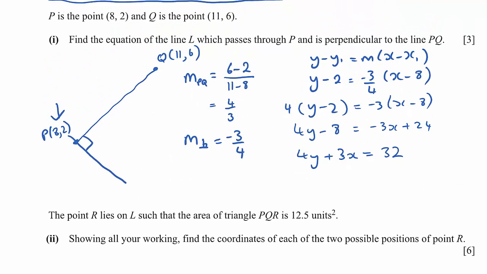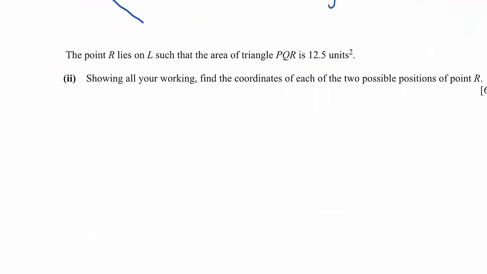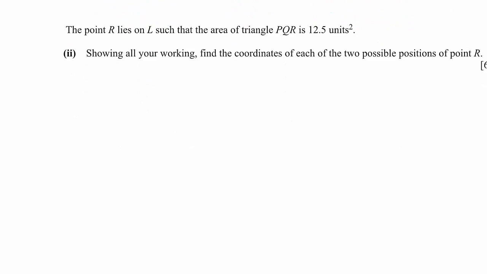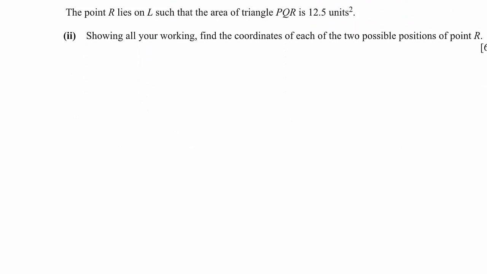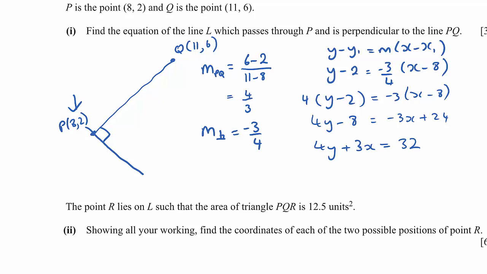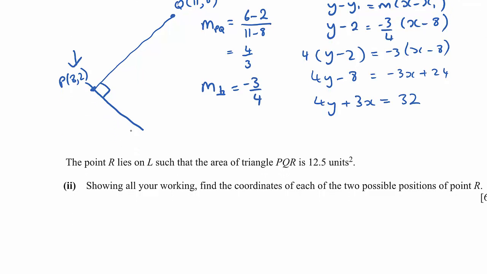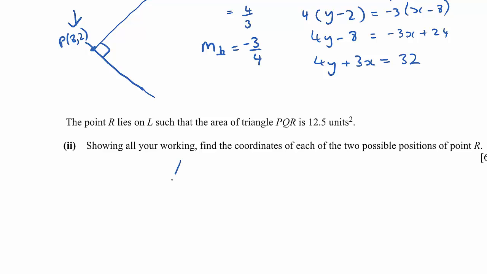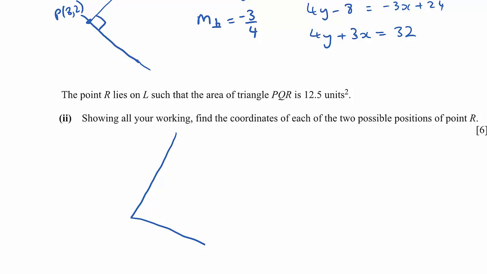It doesn't tell us to give it in a particular form. The point R lies on L, such that the area of triangle PQR is 12.5. So this is the line L. And so let's just draw that there. And so there's a point R here.